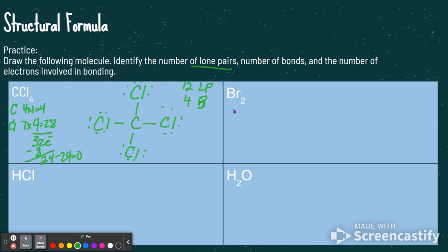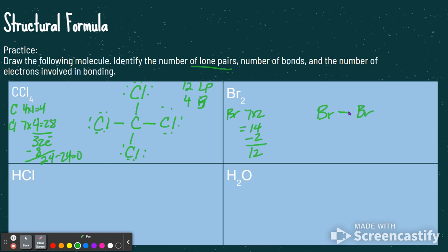All right, we're going to go and do bromine. Bromine is 7 times 2, and so that's going to be 14 electrons total. Since they're sitting next to each other, there isn't really a central atom. We give everybody a single bond. All right, minus 2, and we're down to 12.